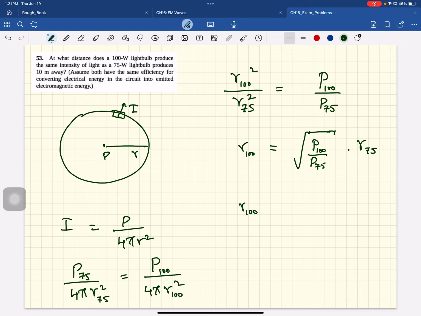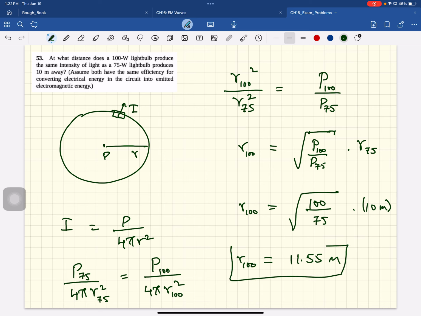This is 10 meters. So the 100 watt bulb will produce the same intensity at 11.55 meters that the 75 watt bulb produces at 10 meters. Yeah, which makes sense. The more power you have.